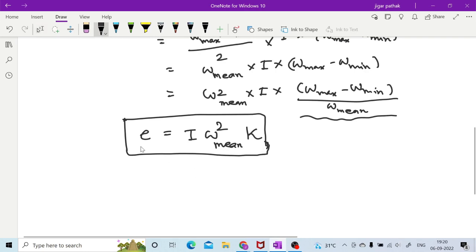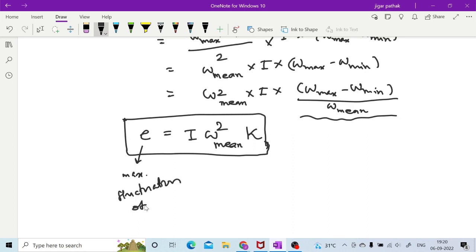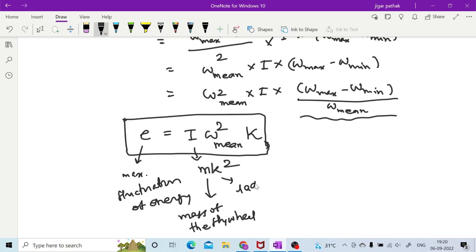This E is the maximum fluctuation of energy. I is the moment of inertia of the flywheel. It is generally given as m k square. M is the mass of the flywheel, and k is the radius of gyration of the flywheel, right?